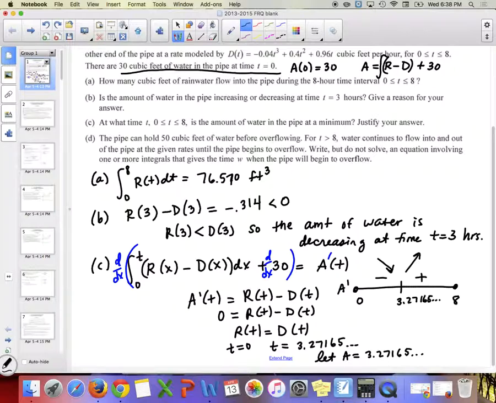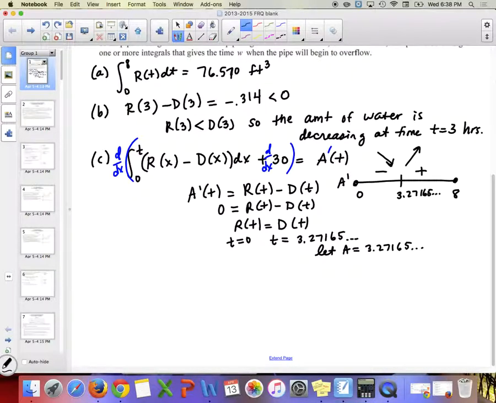So we need to justify our answer somehow. We don't just leave the chart, we have to say what's happening. We would say something about A prime is less than 0 on 0 to 3.27 whatever, and A prime is greater than 0 on the other part.